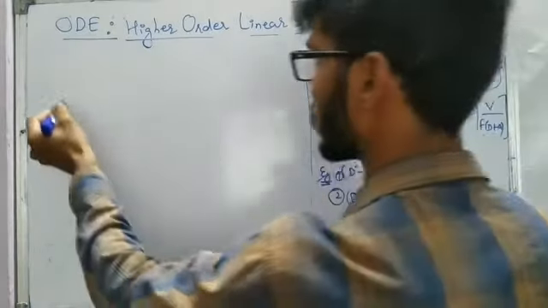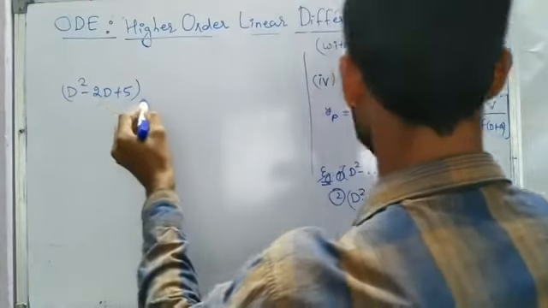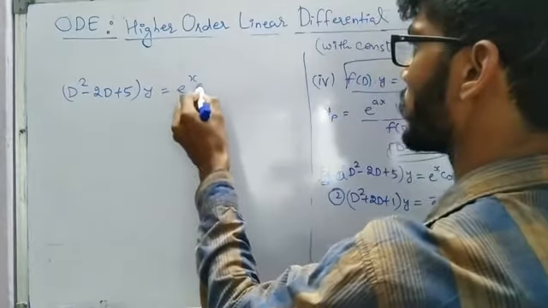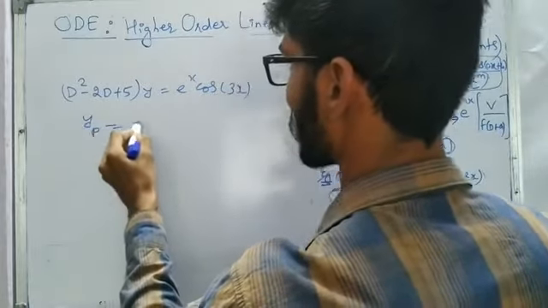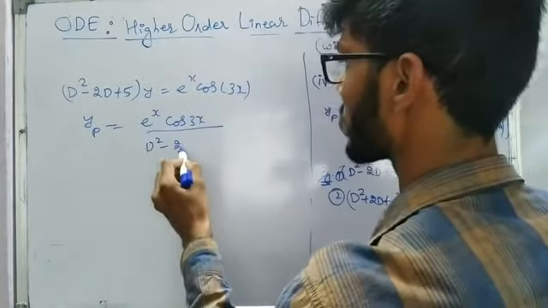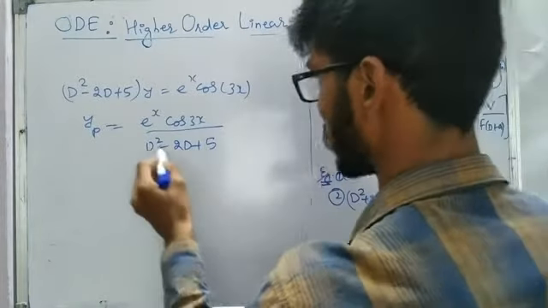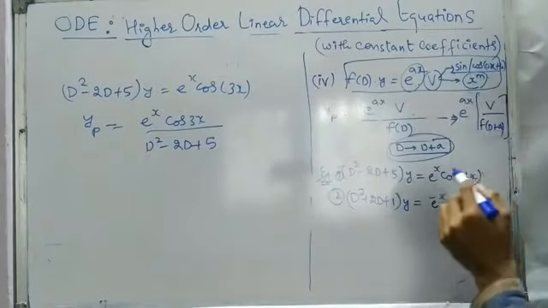So the first example is d square minus 2d plus 5 into y is equal to e power x into cos 3x. So yp is nothing but e power x cos 3x divided by d square minus 2d plus 5. So this is the case e power x and sin ax plus b or cos ax plus b.